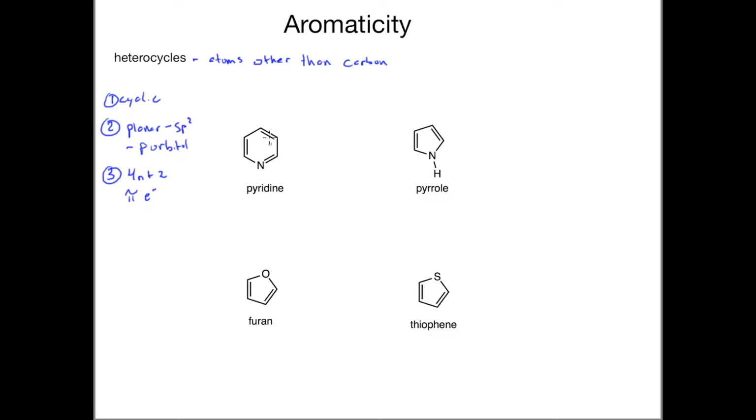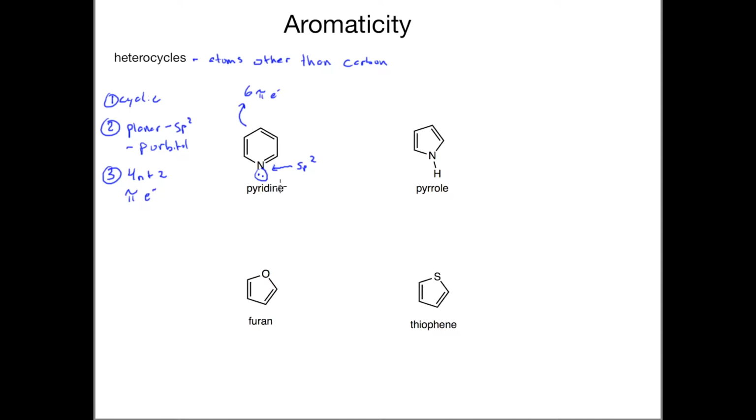All right, so let's look at the first one, pyridine here. What we can see is that we, of course, have something that fits all of the rules. It's cyclic, right? Everything around is sp2 hybridized. The nitrogen is as well. And we have 6 pi electrons. And the lone pair in the nitrogen is actually in an sp2 orbital in this case.